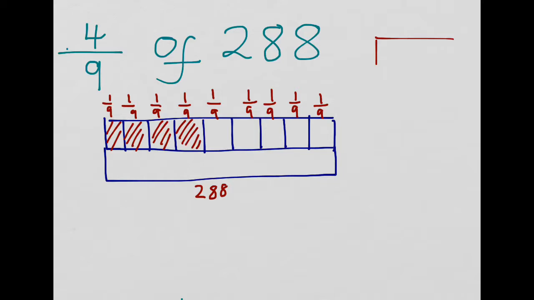So just reminding you, 9 parts I've divided it into because my denominator is 9. 4 parts I've coloured in because my numerator is 4 and because I have 4/9. And 288 is the total amount. Right, if you haven't got that far, you're going to stop, you're going to press pause, you're going to go back over that, and then you're going to try the calculation. If, however, you've completed all of it, or you know you've got that right, you carry on listening.